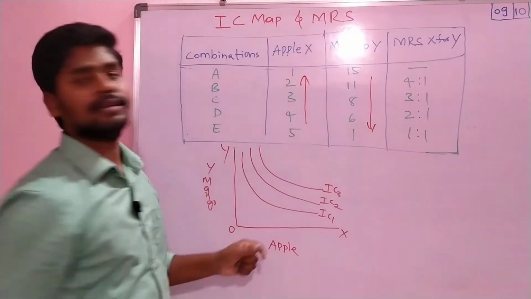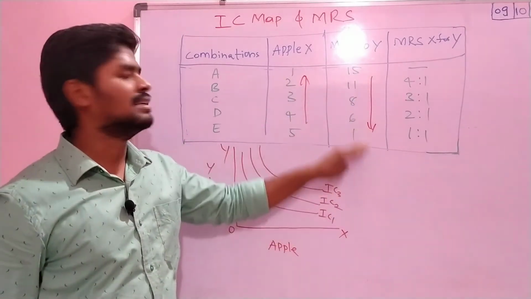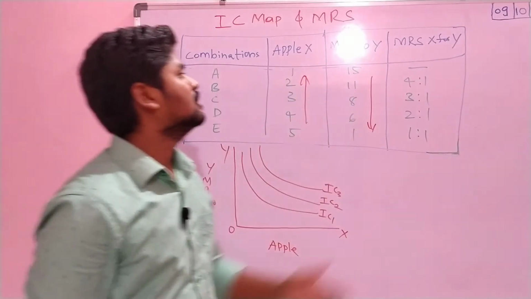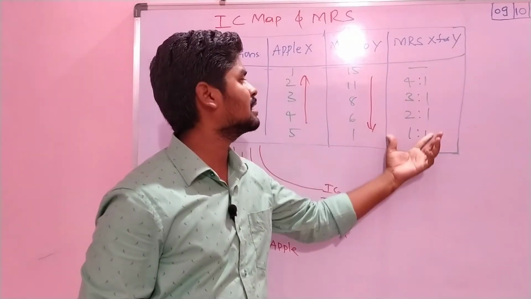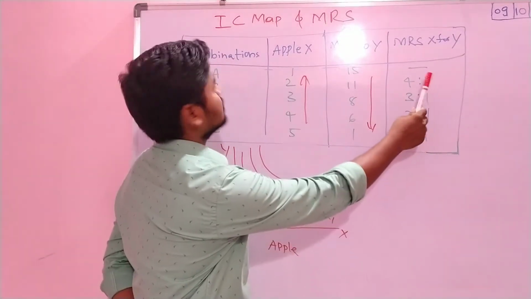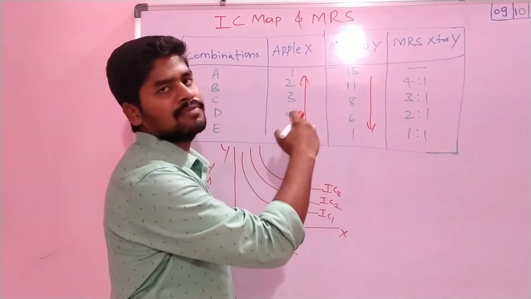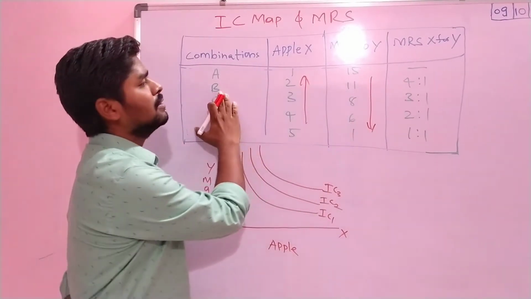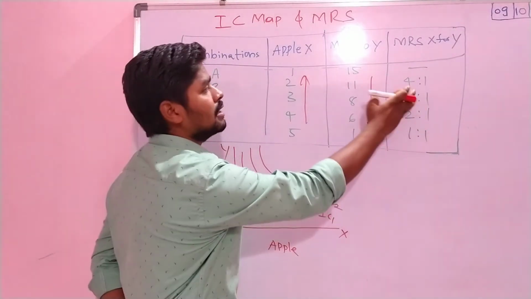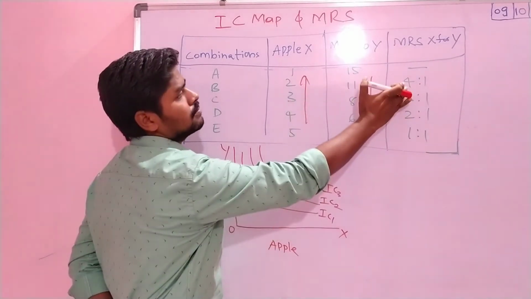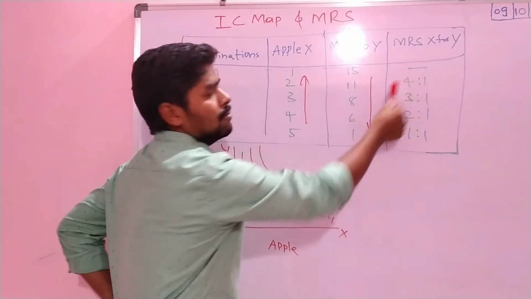The consumption of X is increasing and Y is decreasing. Coming to the MRS, the ratio is continuously decreasing. In the first combination A, there is no forgoing of Y for X. In combination B, to get one apple you forgo 4 mangoes.